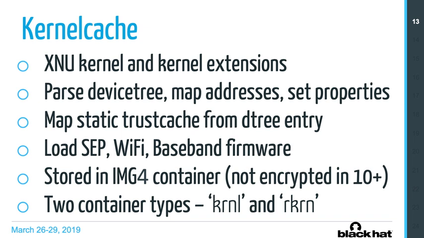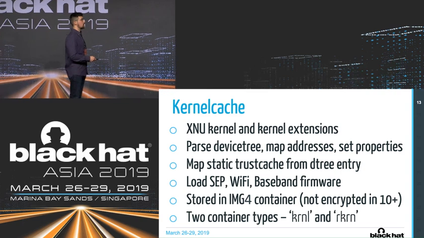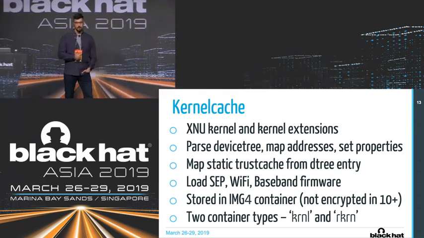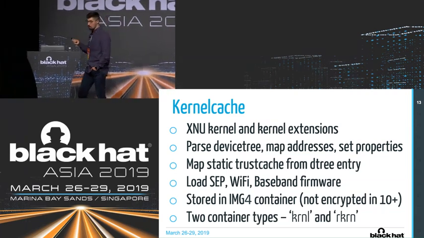And in the case of iOS 12, now iBoot maps the static trust cache in memory, and the kernel reads it from one of the device tree entries. Next is going to load the SEP firmware, like SEP-OS, Wi-Fi, baseband. It's still signed in an IMG4 container, not encrypted since iOS 10. And there are a few container types for remote and local boot.